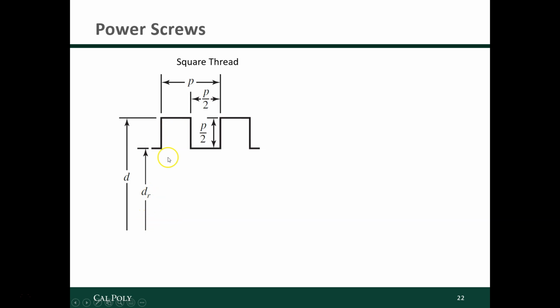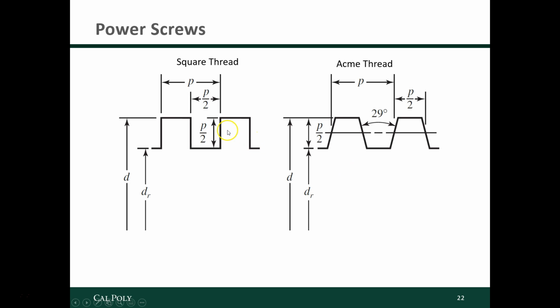The root diameter, and it turns out that the height of these teeth is P/2, where P is the pitch. So square threads have some nice geometric simple properties. There's also Acme threads. Instead of having alpha equals zero thread angle, right? The angle between two adjacent threads is 0 degrees. Half of that is also 0 degrees. Alpha is 0 degrees.